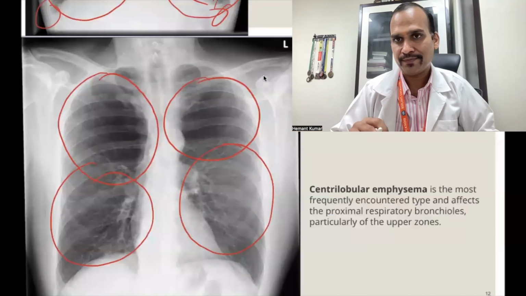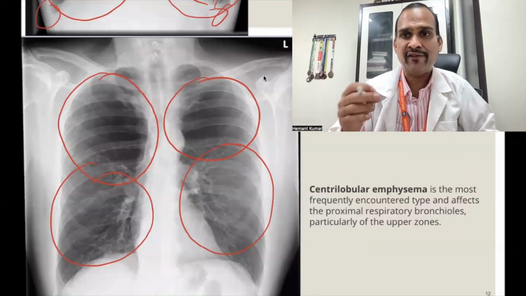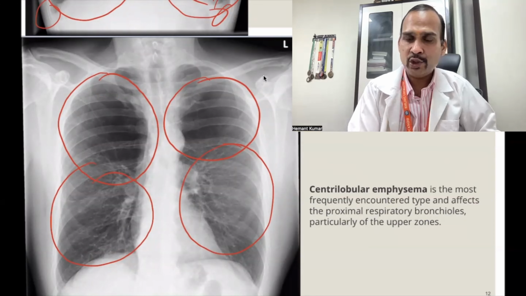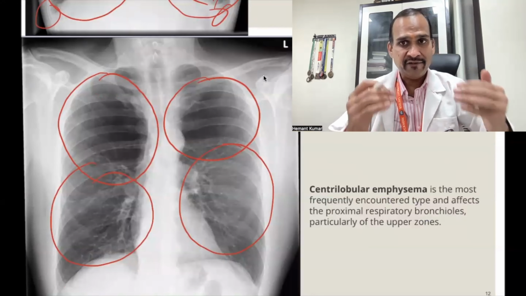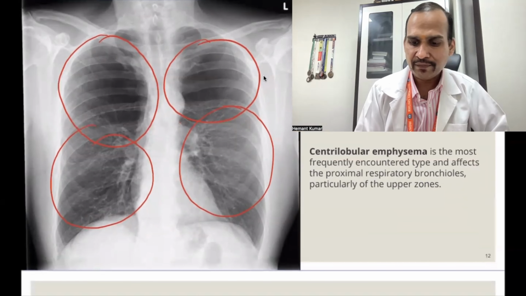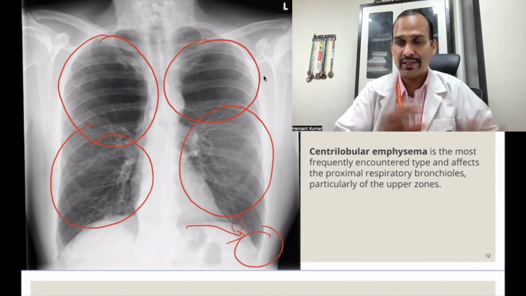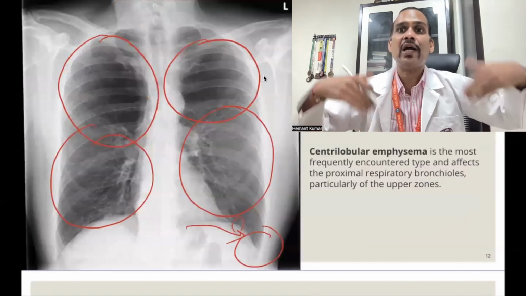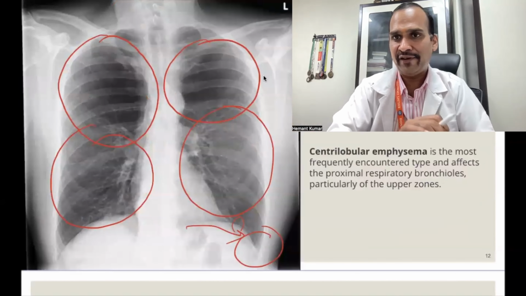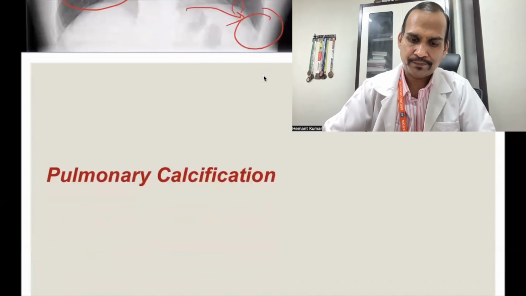While panlobular is common in systemic disease like alpha-1 antitrypsin deficiency. Since emphysema is in the upper lobe, you may not appreciate flattening of diaphragm, CP angle blunting, or tenting. You can appreciate these in panlobular emphysema, but in centrilobular you cannot.